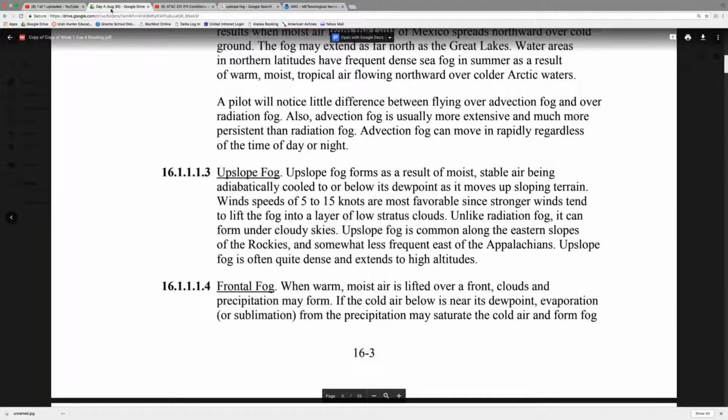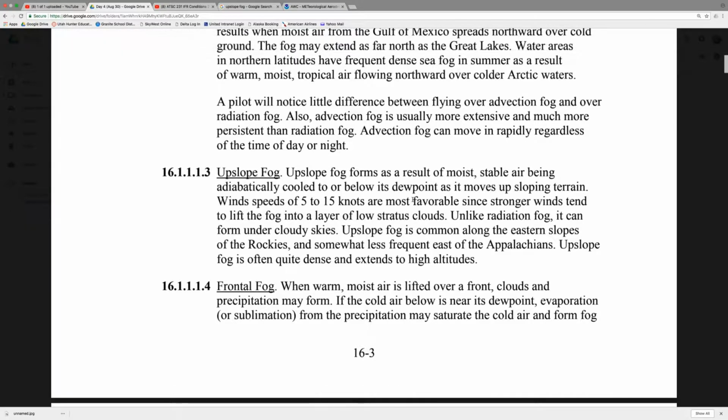This stuff can burn off or blow out fairly quick, especially because of mountainous terrain.